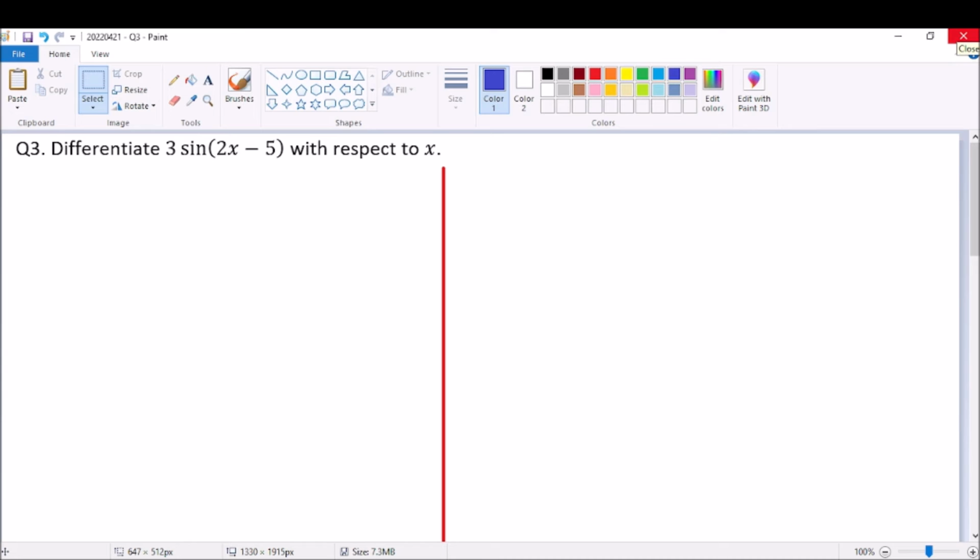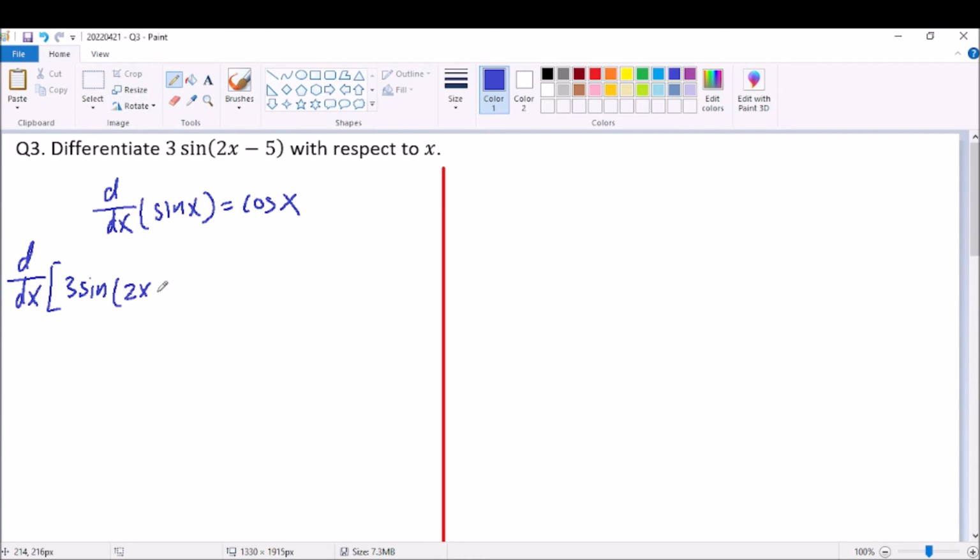Question 3. Differentiate these expressions. The formula to use is d over dx of sine x equals cosine x. So when we differentiate directly, the whole expression is 3 sine (2x minus 5).